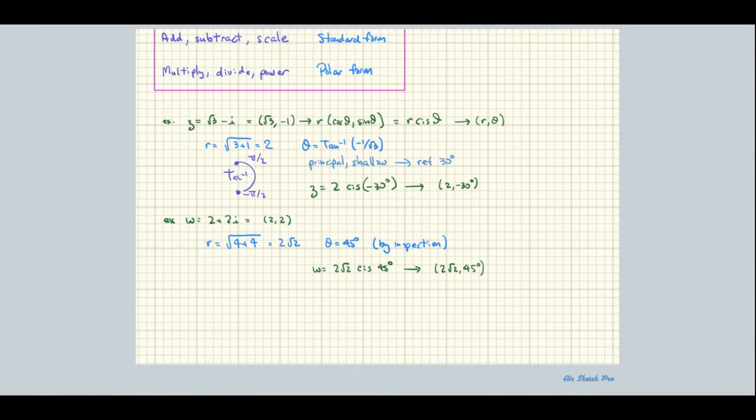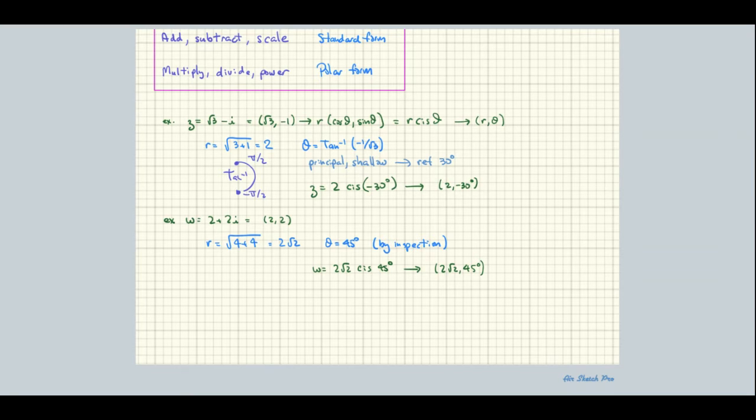So the arctan on your calculator does not cover things in the second or third quadrant. If it's in the second or third quadrant, then the x value will be negative. And if the x value is negative, just add pi. That's all you have to do, or 180 degrees.